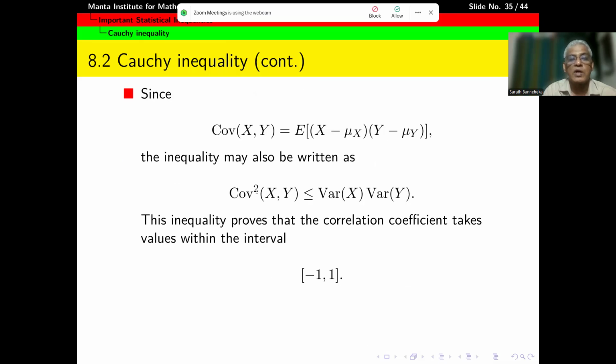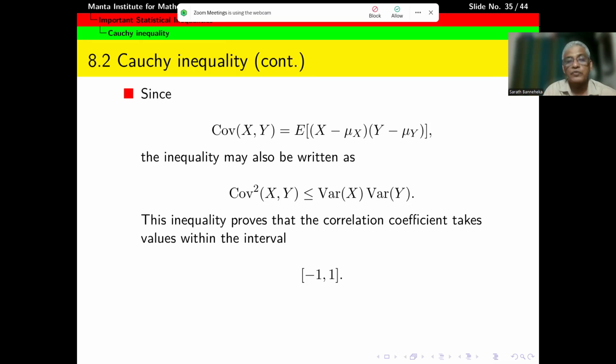So therefore, you can say the covariance squared between x and y, that is, the square of the covariance between x and y, is less than or equal to the variance of x times the variance of y. Right. Now, if you divide the whole thing by the variance of x times the variance of y, you will have the covariance squared between x and y divided by the variance of x times the variance of y, less than or equal to 1.